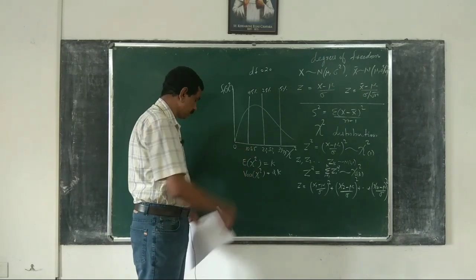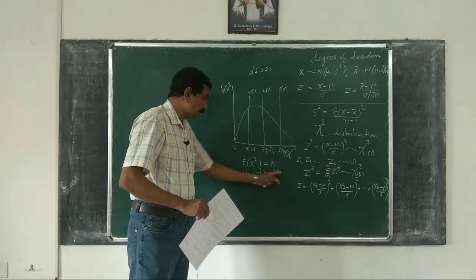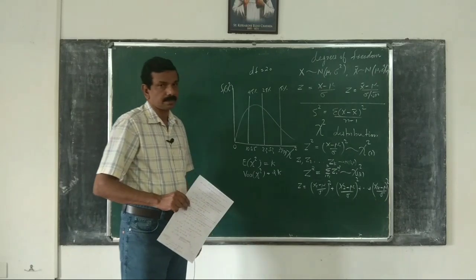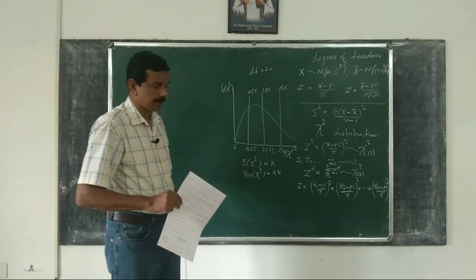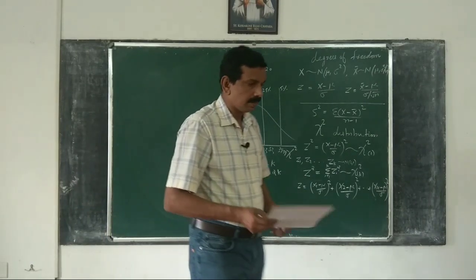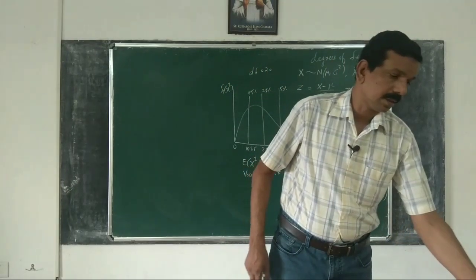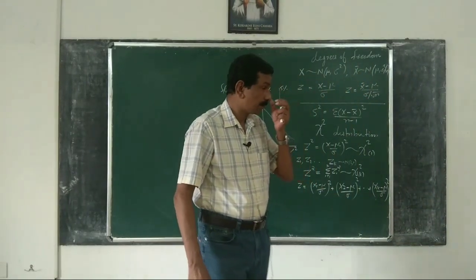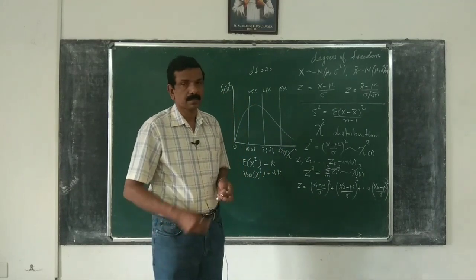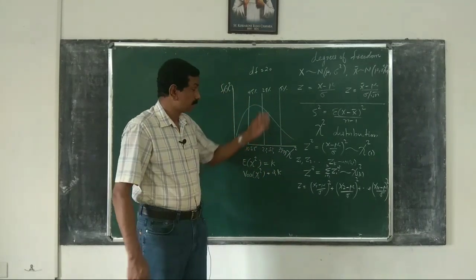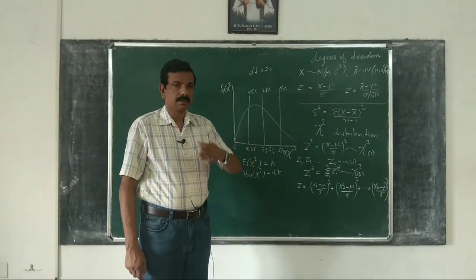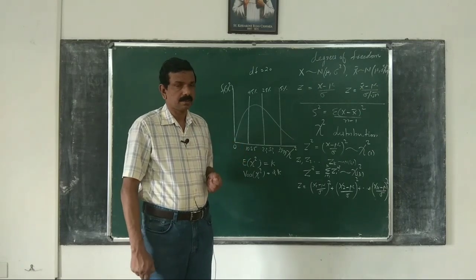Expected chi-square is k, and variance of chi-square is 2k. And chi-square distribution is extensively used for testing hypotheses about population variance.